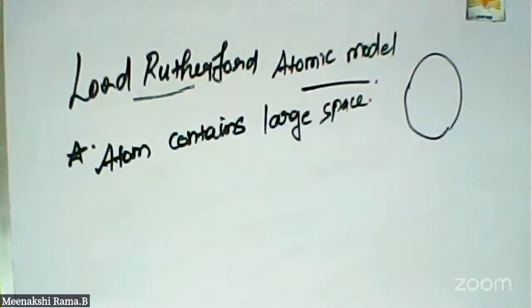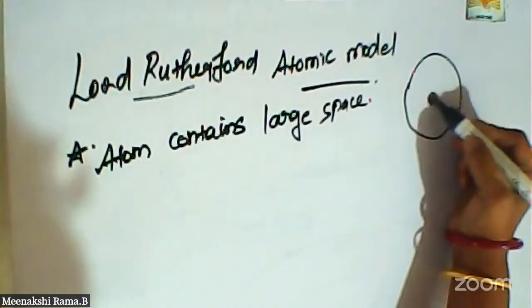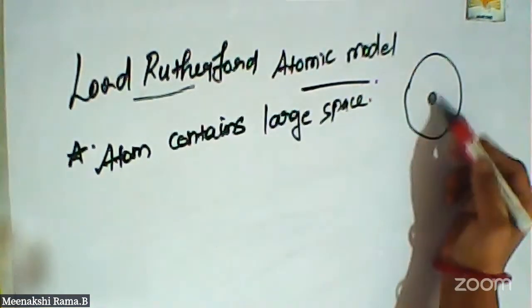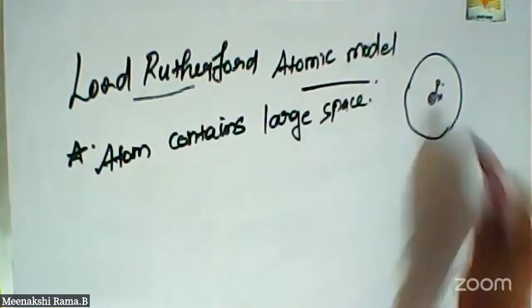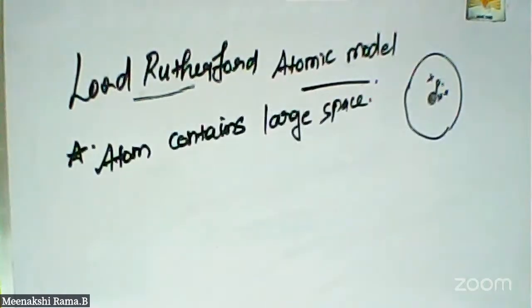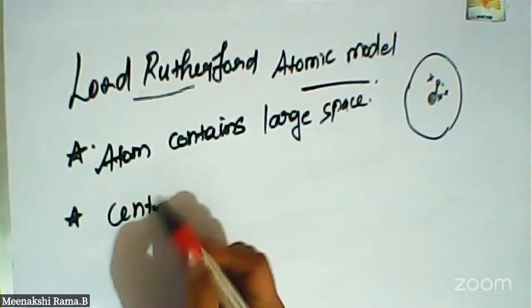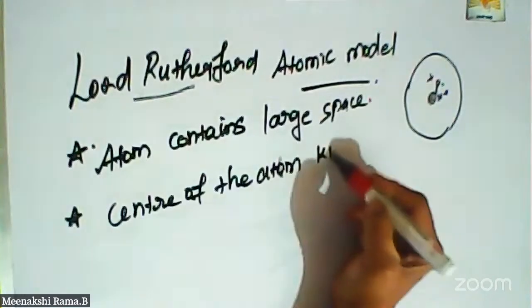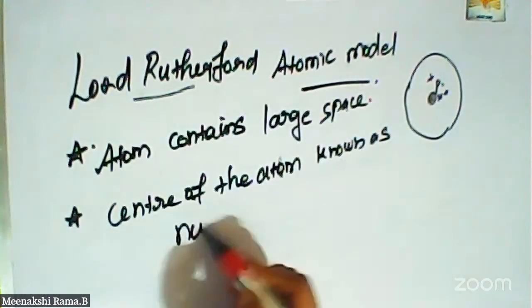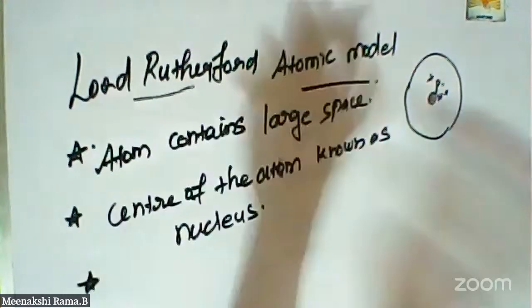And then the positively charged mass at the center of the atom is known as the nucleus. This is positive because the center part of the atom contains protons and neutrons, and protons and neutrons are always positively charged only. So this is the second point of the Rutherford atomic model: the positively charged mass at the center of the atom is known as the nucleus.